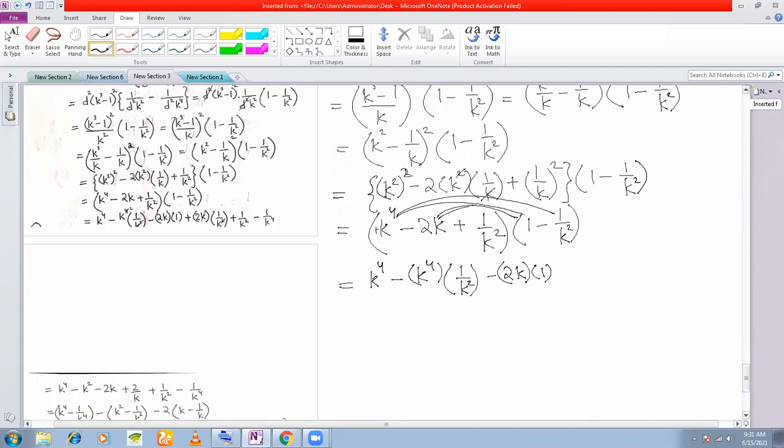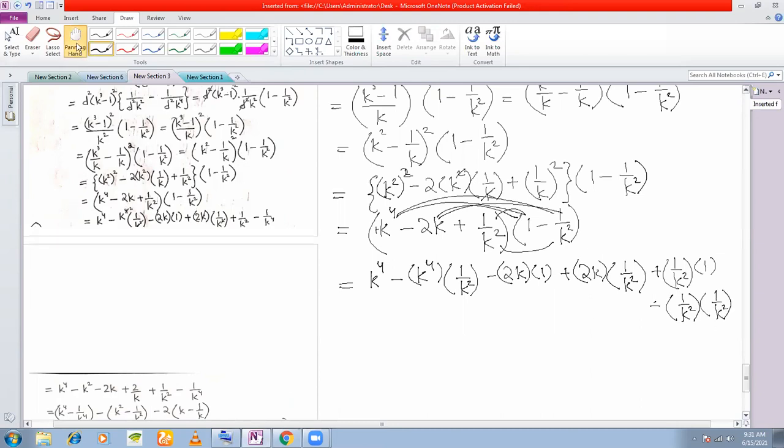Next, you multiply minus 2k with minus 1 by k square. So you get plus 2k into 1 by k square. Right? Next, you multiply 1 by k square with 1 to get 1 by k square into 1. And finally, you multiply 1 by k square with minus 1 by k square to get minus 1 by k square into 1 by k square.